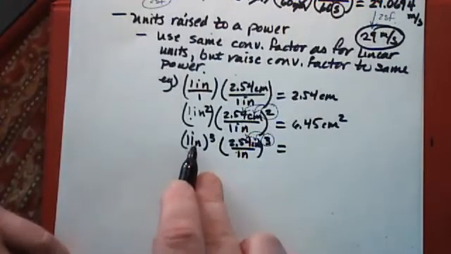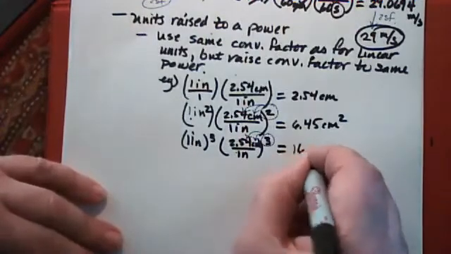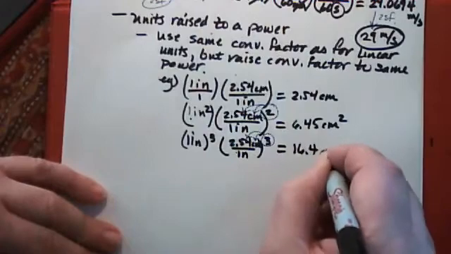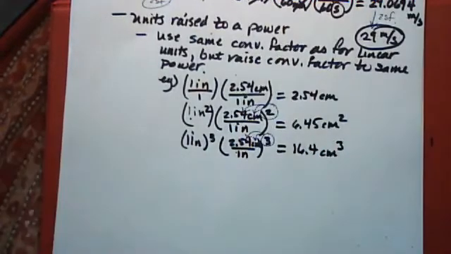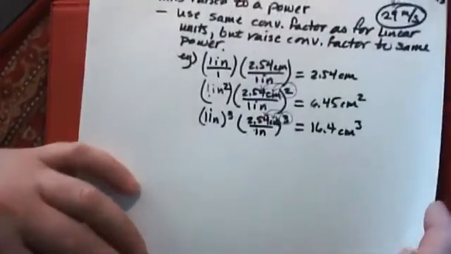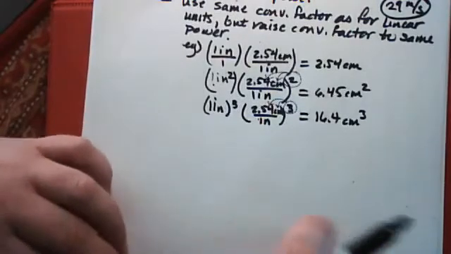So it's 1 times 2.54 raised to the 3rd power, which is 16.4. So 1 cubic inch is 16.4 cubic centimeters. Okay. So that is basically how you handle that. And you just throw that into the conversion factors along with the other things, and you'd be done.